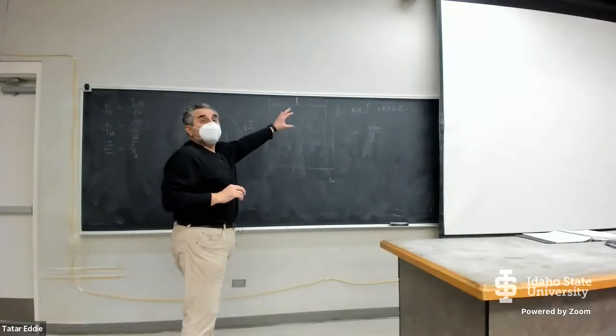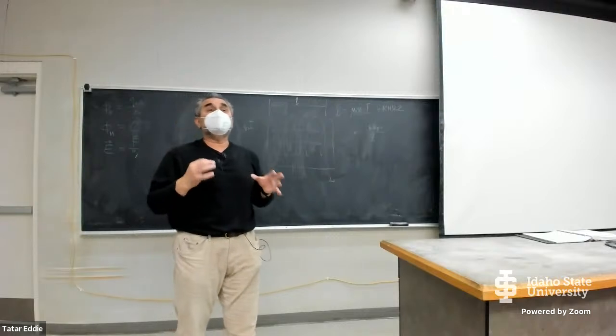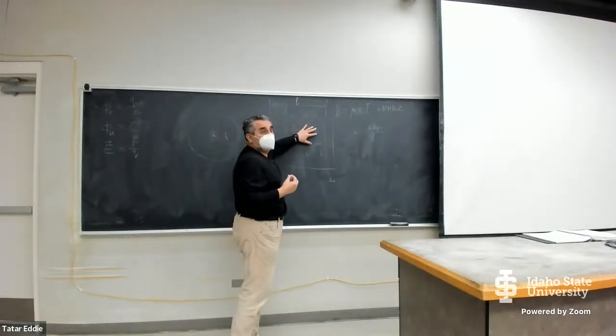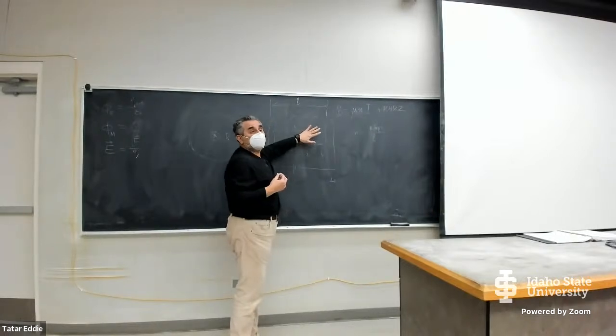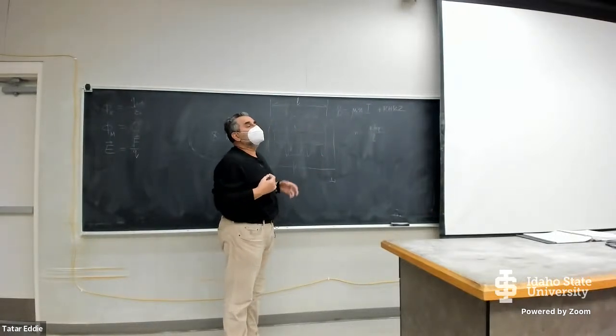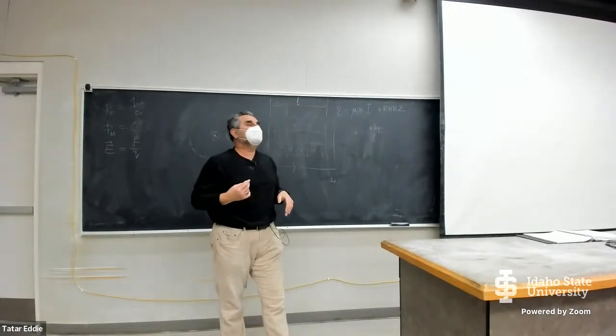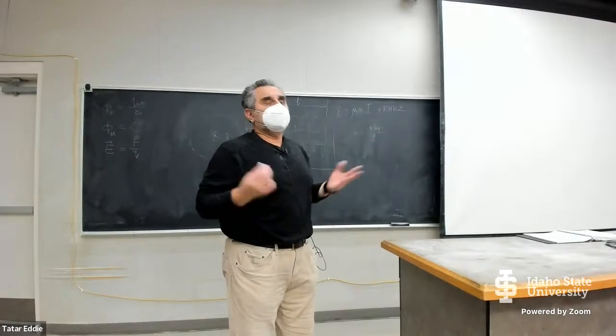So the solenoid is the standard device to create a constant magnetic field inside the solenoid. And by the way, you can demonstrate that outside the solenoid, the magnetic field is practically zero.